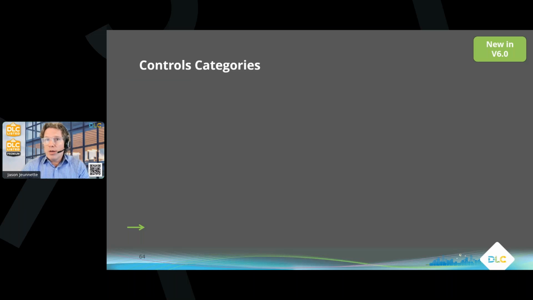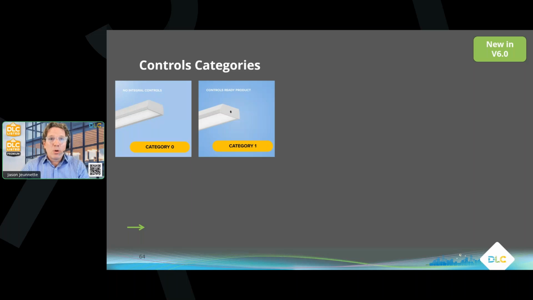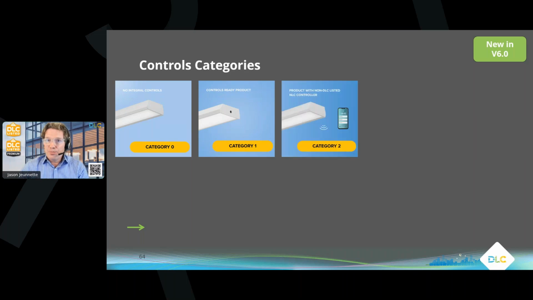Category 0 is a product with no integral controls on board. Category 1 is a product that is considered controls ready. It has a receptacle to which a control device can be added after installation. Category 2 is a product with a non-DLC listed network lighting controller on board.